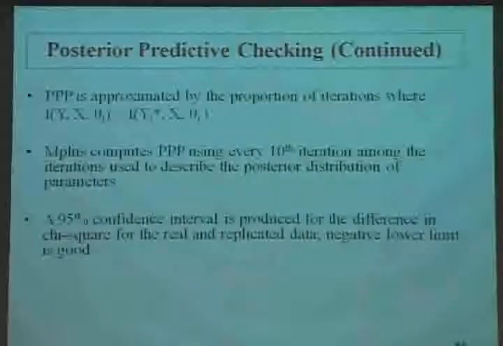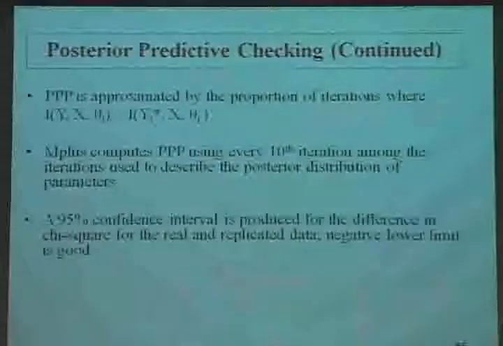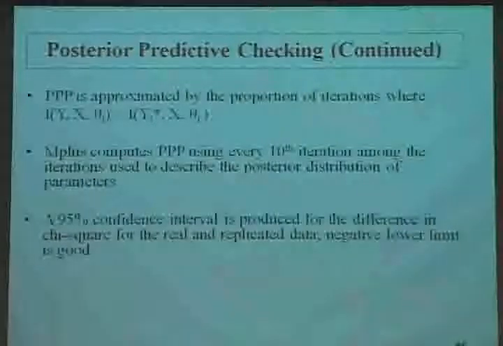The reason is that when you evaluate the log likelihood at these points, theoretically this discrepancy function is chi-square only for the maximum likelihood estimate. That's the only point, and as soon as you move a little bit, it's no longer chi-square.